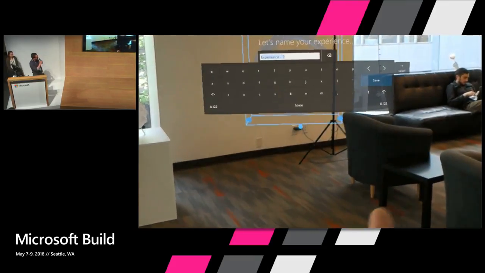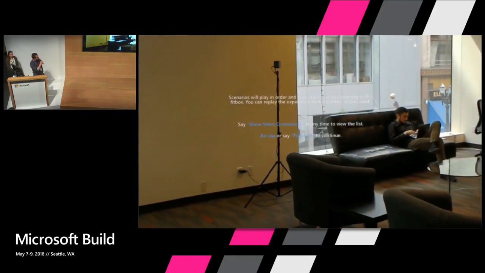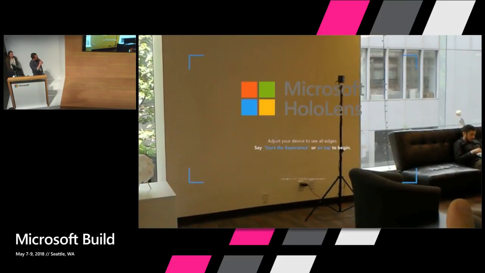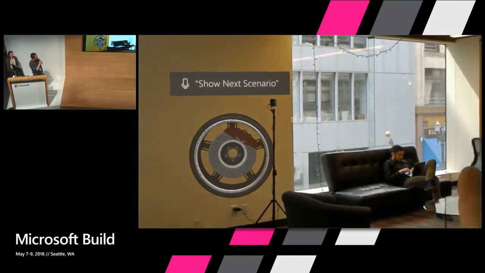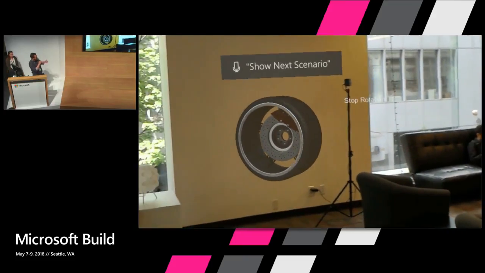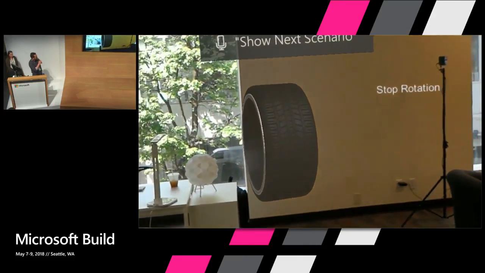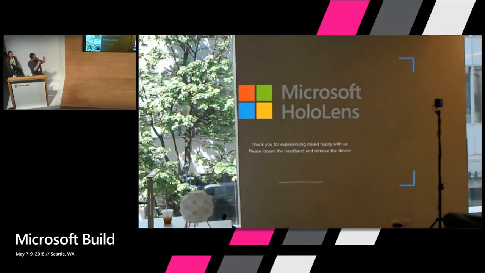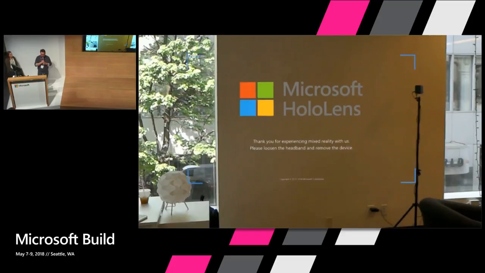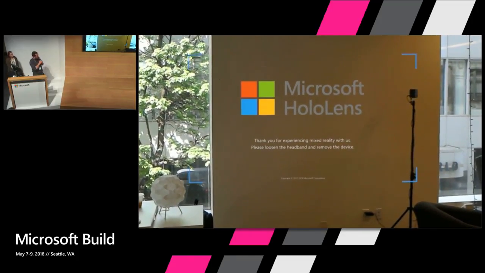And I can start the experience, save my layout, and here comes that content. And I can hit that start rotation button. There's some animation now. I can hit stop rotation. And that was it. That took a grand total of about 10 minutes to actually get it on the portal.